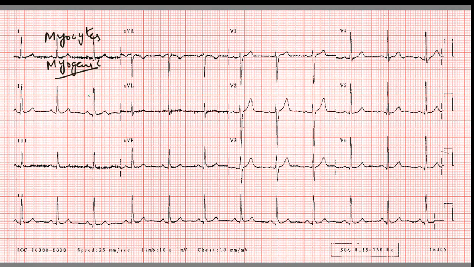Now one may wonder why it's just the SA node and not the AV node and Purkinje fibers acting as a pacemaker, even when they are part of the same conduction system.